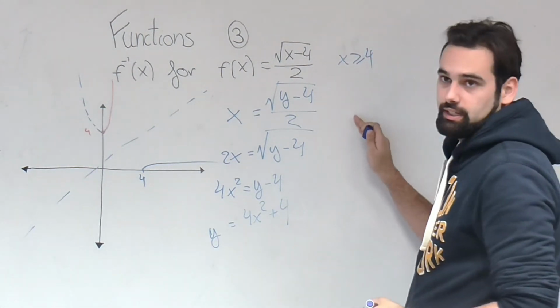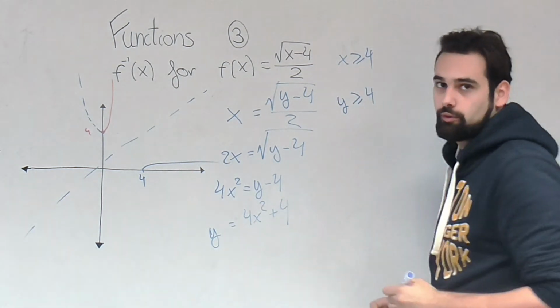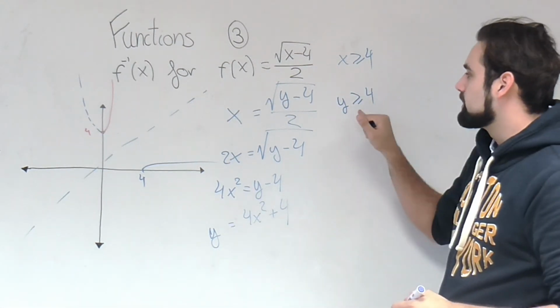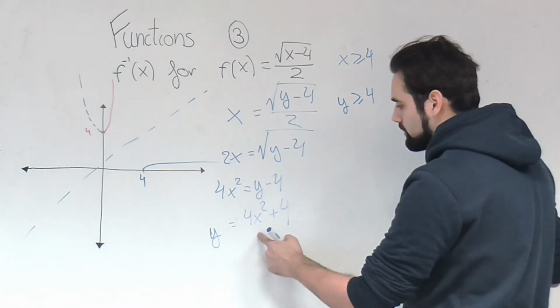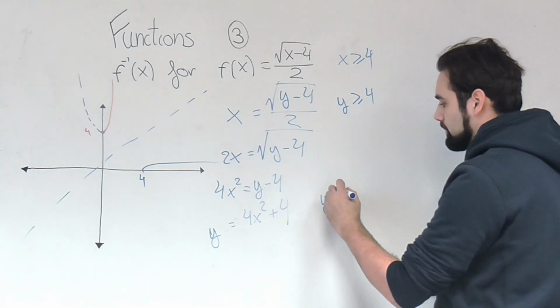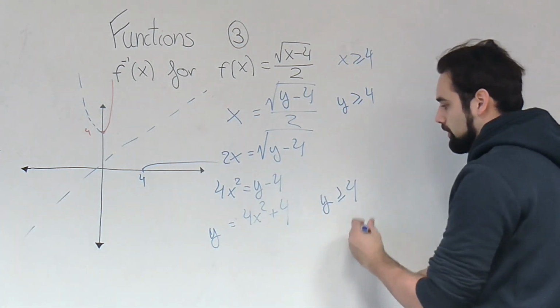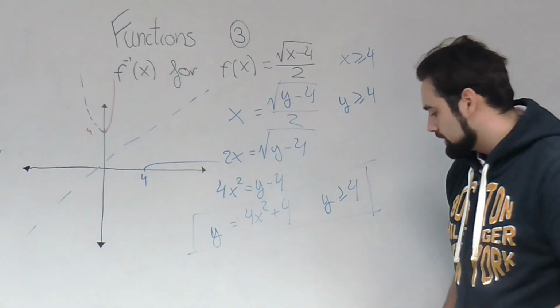So when you invert it, the y still needs to be greater than 4. And you have to carry out this limitation throughout all the steps. So while this is the correct solution, you do need to specify that y must be greater than 4. And this is the most correct solution for the exercise.